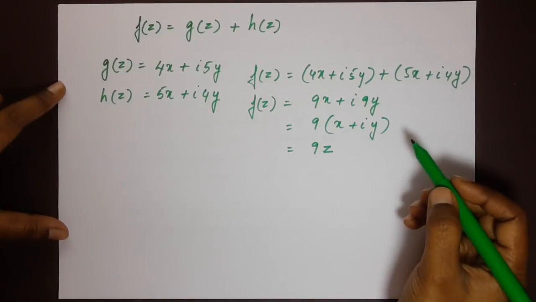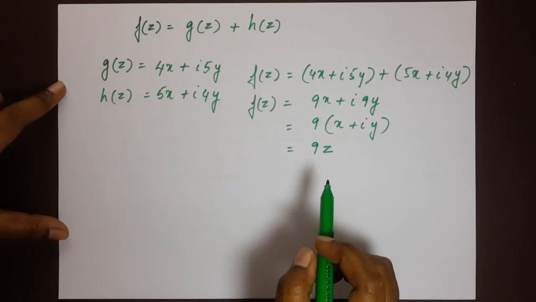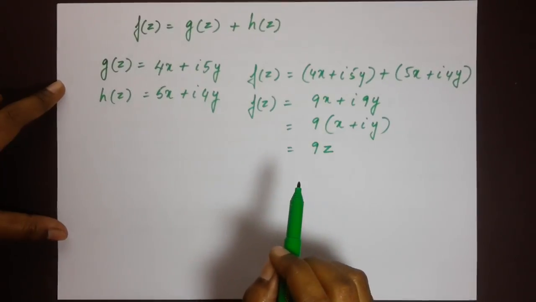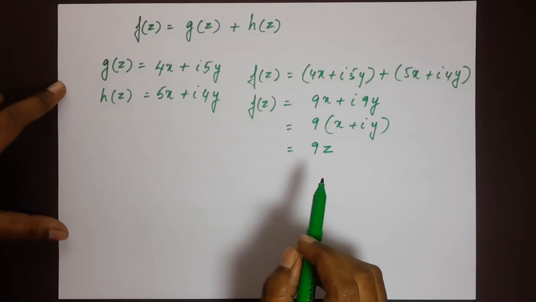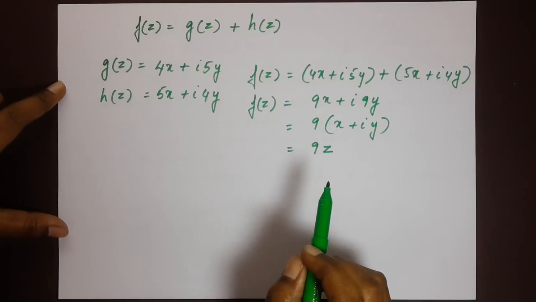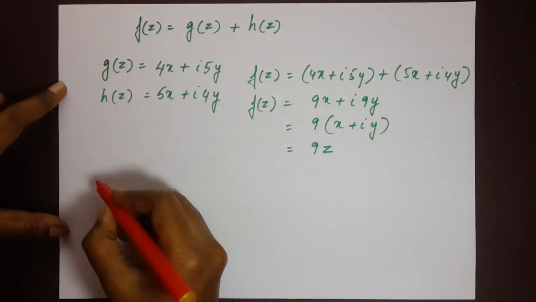Okay? So here we will notice that the Cauchy-Riemann equations are not satisfied. In order for a function to be differentiable at a certain point, it must also satisfy the Cauchy-Riemann equations. Now recall what the basic Cauchy-Riemann equations are.